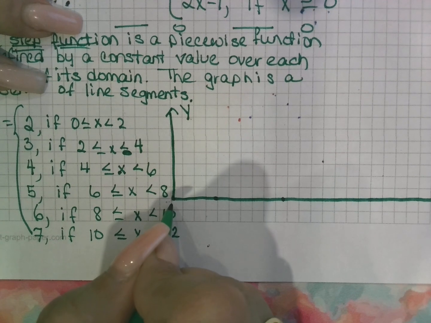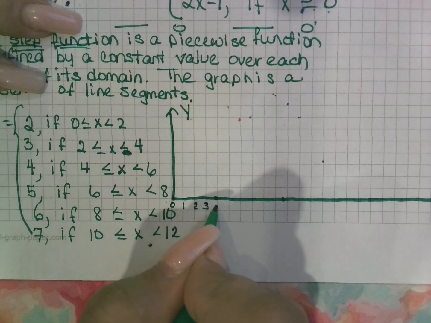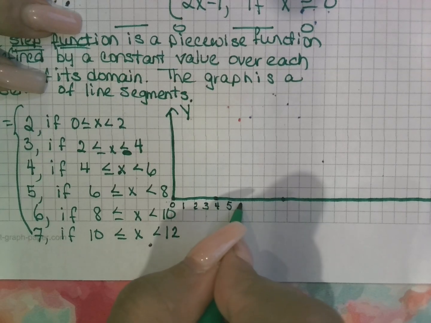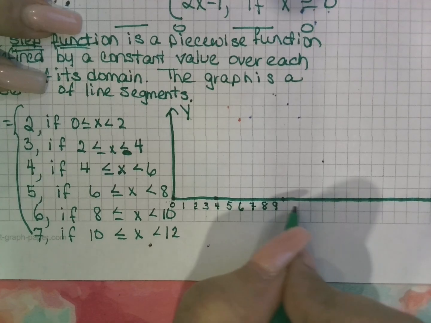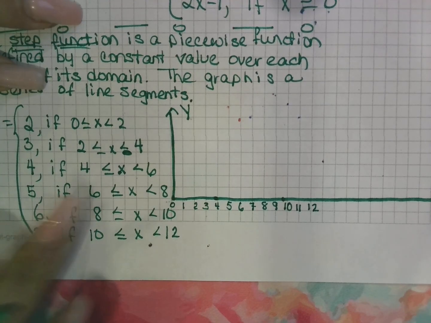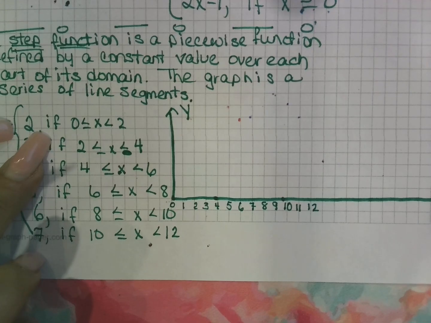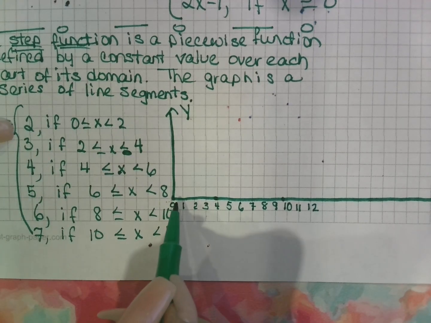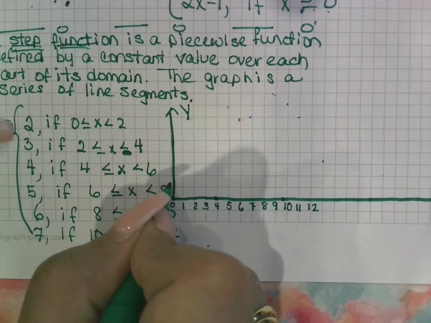Here x is 0. Here it's 1, 2, 3, 4, 5, 6, 7, 8, 9, 10, 11, 12, and I think that's it, right? Okay, so by the way, this is a value here of 1.